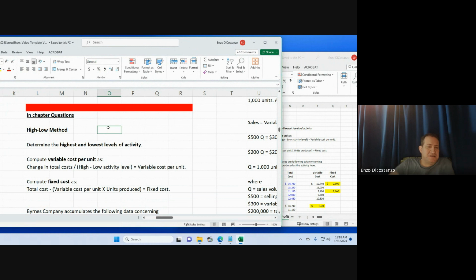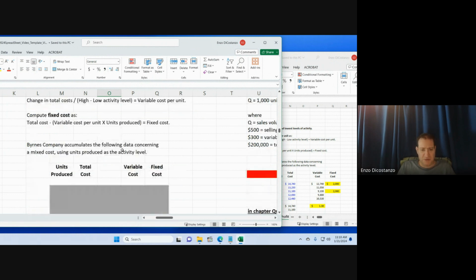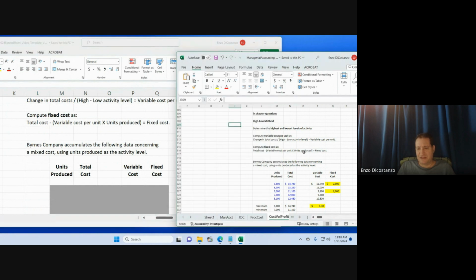So we did the highest and lowest levels of activity, and we computed variable cost based on this formula. We had variable cost per unit, and fixed cost was total cost minus variable cost per unit times units produced. So we're just repeating that this time through.